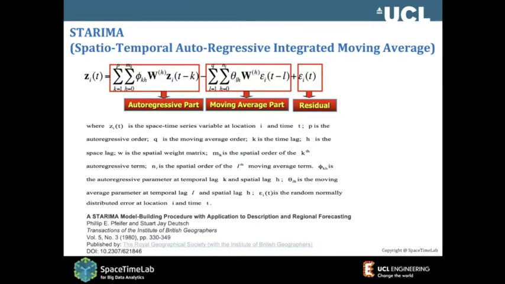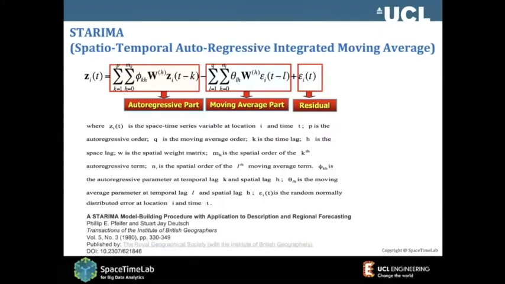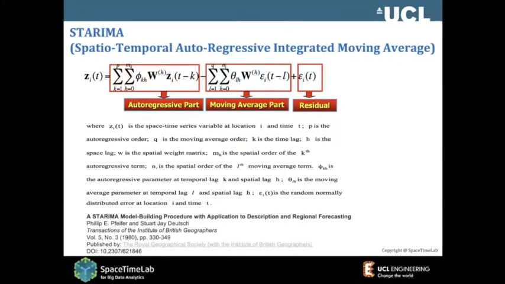W means space, representing the spatial weight matrix just mentioned. If you take out the t, that becomes our spatial regression modeling, okay? Many forms can be further derived from that. If we take out the k or i, it becomes ARIMA, which means time series analysis, okay?